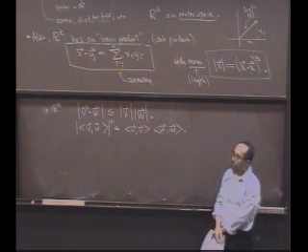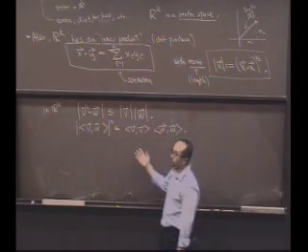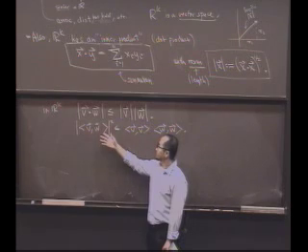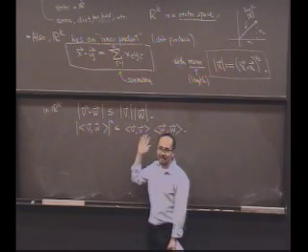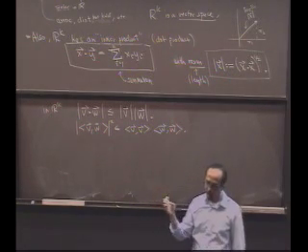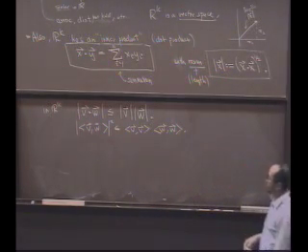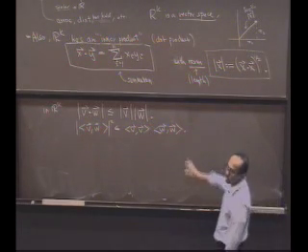Basically the Heisenberg uncertainty principle says something about position and momentum, right? They can't both be determined with very much precision, and it's based on the Cauchy-Schwarz inequality.